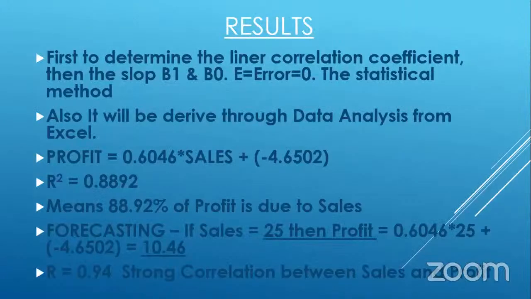First we determine the linear correlation coefficient, then derive the slope b1 and the intercept b0. E is the error. This is the statistical method. First of all, we have to find the slope b1, which is r times sy upon sx.